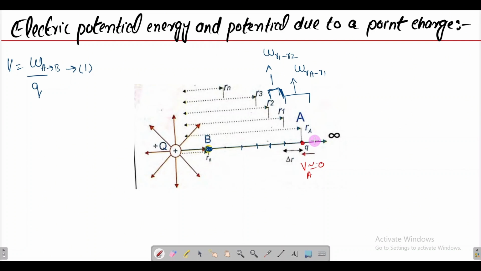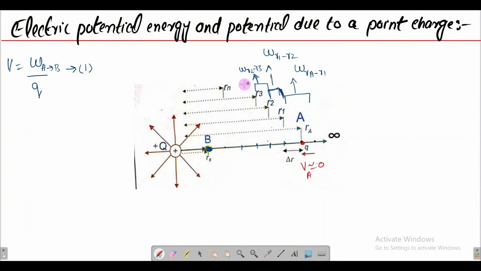So here we divide this work done into small steps. For the first step, the work done is this, and for the second step it's this, and for the third step, the work done becomes the work done from R2 to R3.